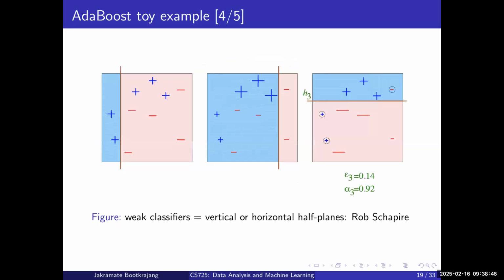And then we can maybe pick the horizontal line. This time, it gets three incorrect, but because these three examples were already predicted correctly in the previous two classifiers, the weight would be even less. It's going to be even less than 0.21.